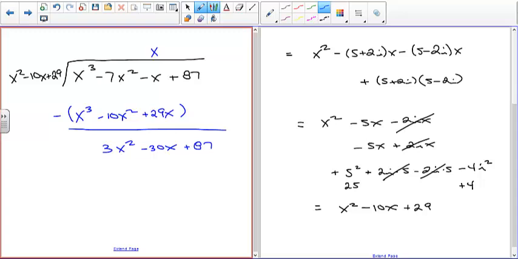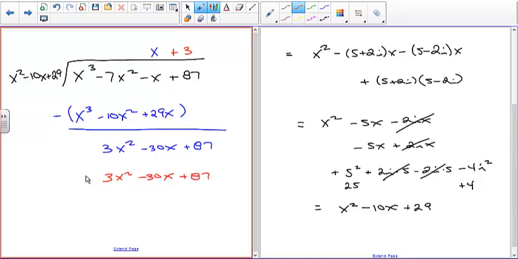Okay. What do I need to multiply x squared by to get 3x squared? Well, the answer is plus 3. Okay, so let's make sure we got it. Remainder of 0. This is the moment of truth to make sure that this part's right. So 3 times x squared is 3x squared. 3 times negative 10x is negative 30x, and 29 times 3 is 87.